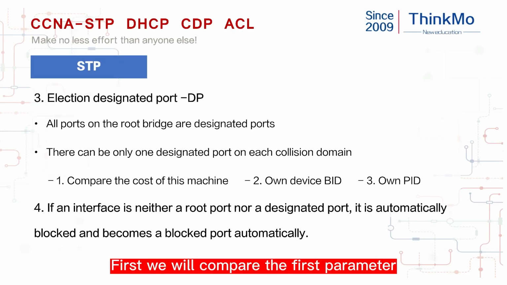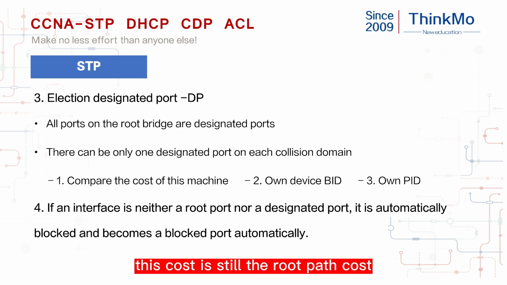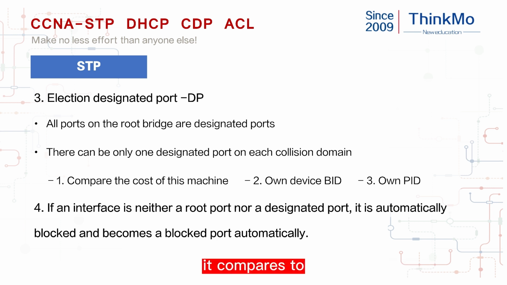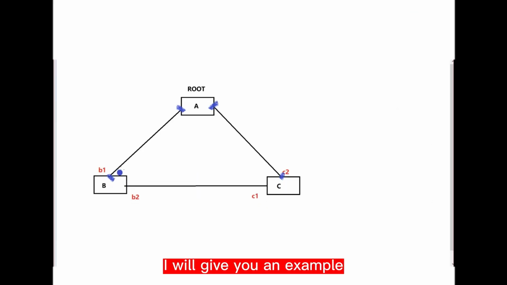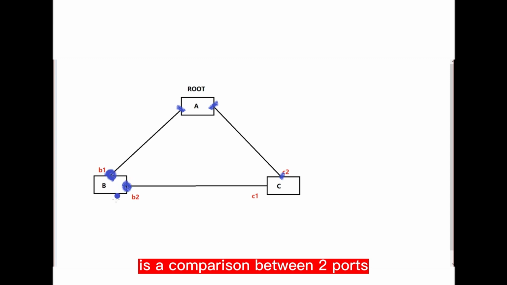First we will compare the first parameter: the cost of this machine. This cost is still the root path cost. But this time it is not comparing all interfaces on the device together. It compares the cost of the root path closest to the root on this device now. I will give you an example. When we compared before, the comparison was a single device's root port, a comparison between two ports.